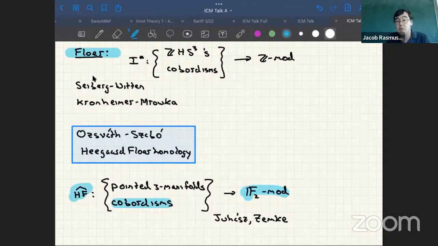I'm always going to stick with F2 coefficients today. So this is a functor from this category to the category of vector spaces over the field of size 2. And I should point out that establishing the genuine functoriality of this construction is fairly non-trivial and involved some work of Juhász and Zemke after the initial work of Ozsváth and Szabó.